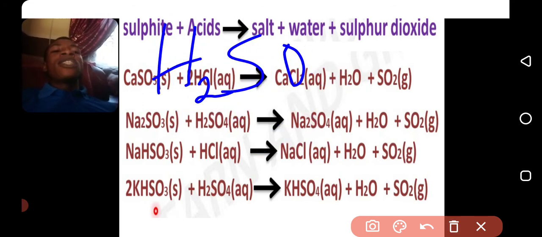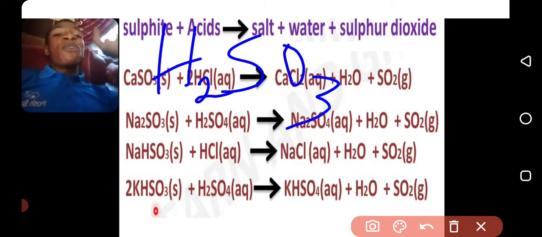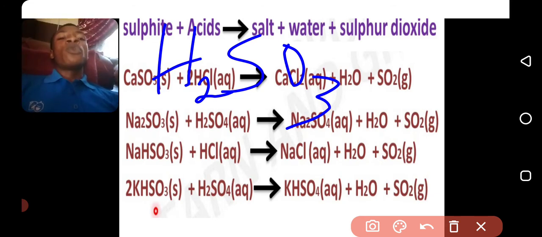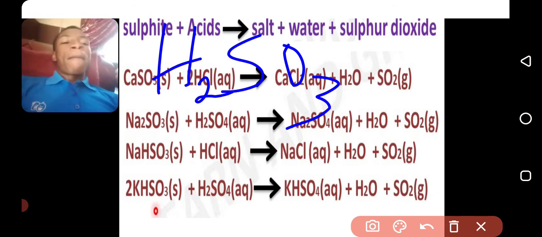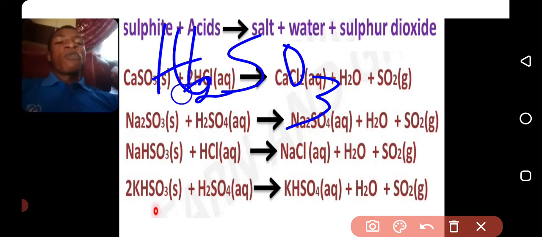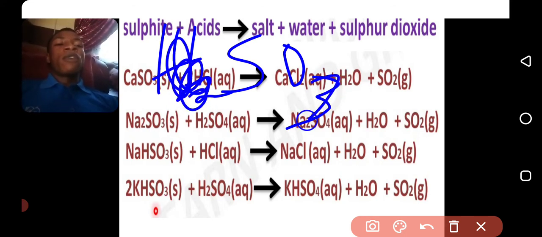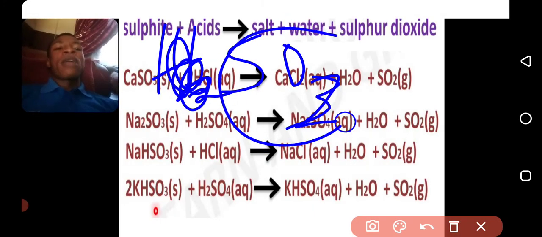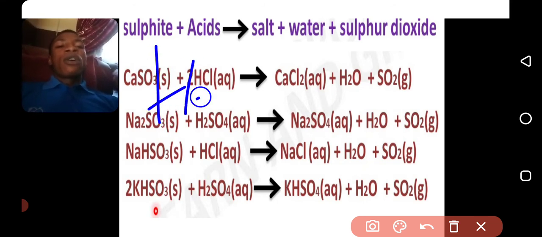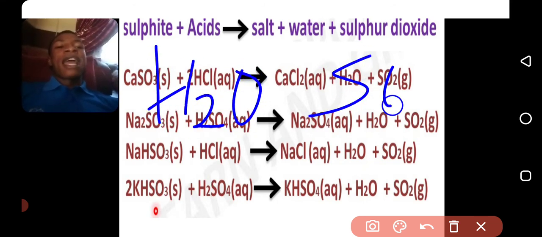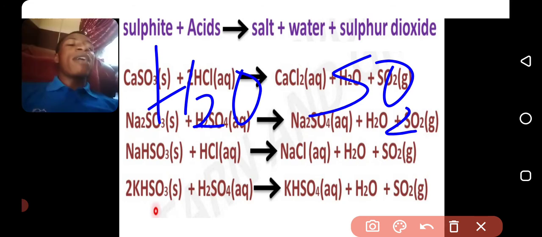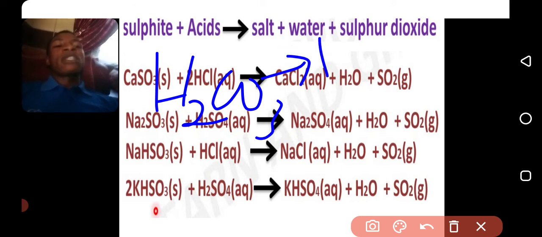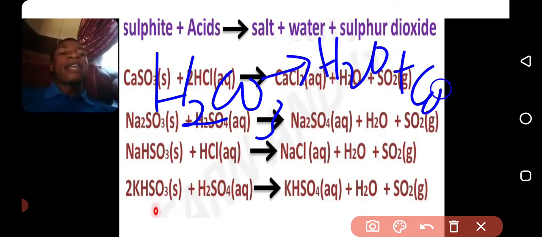H2SO3, just like H2CO3, is a weak acid and it's also not stable. So what do you think will happen to it? It will break down into water, and what will be left when you remove water? You will be left with SO2. So we'll be having H2O plus SO2. So whenever you form H2CO3, we say it's going to break down into water and CO2, right?